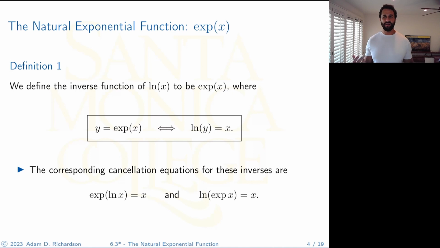Notice we've gone in reverse from what you saw in pre-calculus, but it does work. Now we can get the natural exponential function. As a result, we get the cancellation equations. If you take the exponential of the log, you end up with x. And if you take the log of the exponential, you end up with x. So that's what the cancellation equations look like.